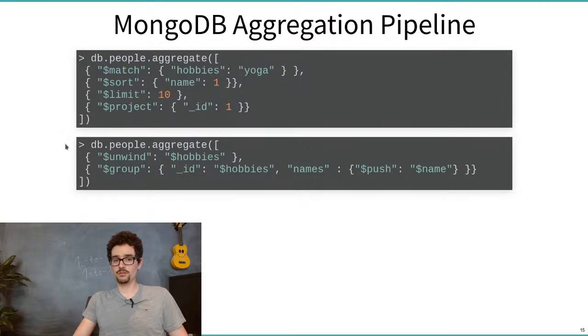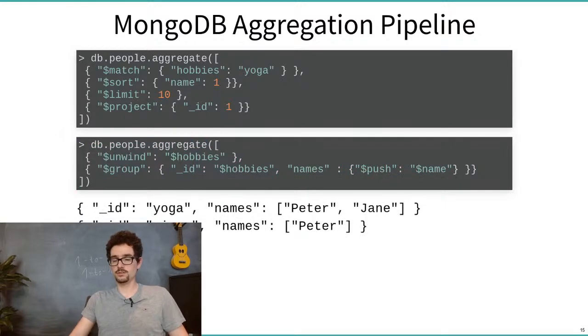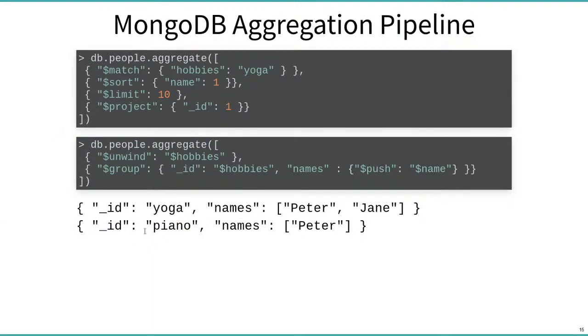So the result of this query is a collection of documents with the ID being a hobby. ID is what we find in hobbies after we unwind the array. And names is a new field that we introduce, and it has an array of all names that have this hobbies value in their hobbies array.